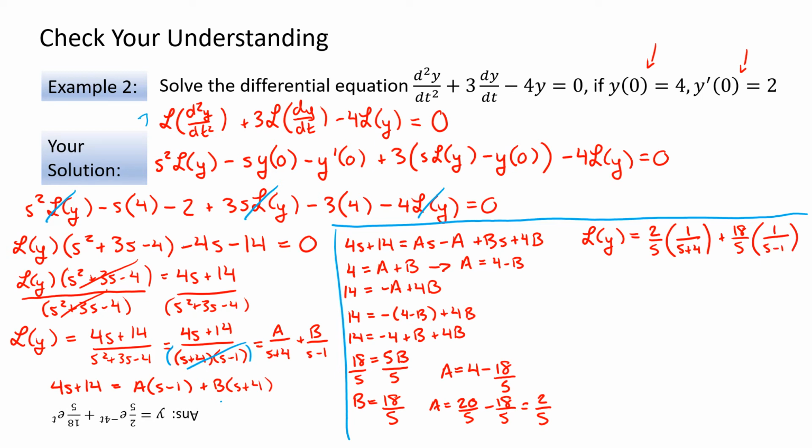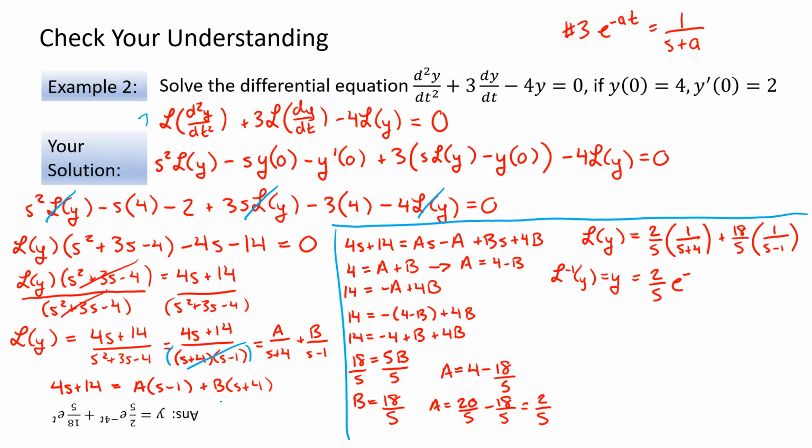Okay? Now both these, s plus 4 and s minus 1, fall into number 3, which I'll write here at the top. And number 3 is that e to the negative at is equal to 1 divided by s plus a. So, using that Laplace transform, finding the inverse Laplace transform of y, which is just y, is equal to 2 over 5, and this one becomes e to the negative.